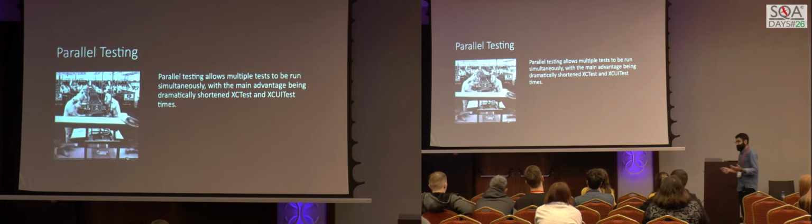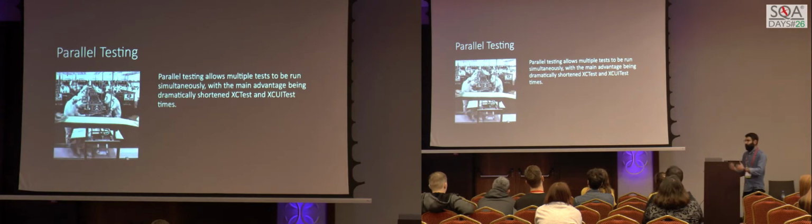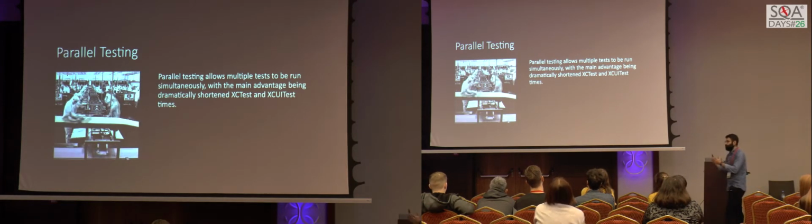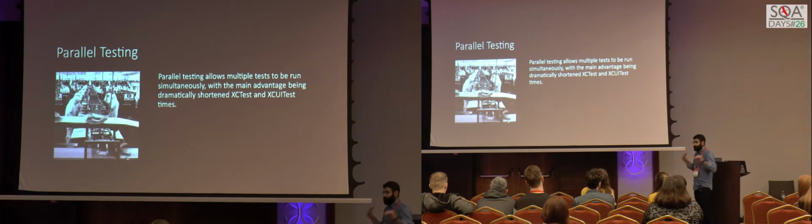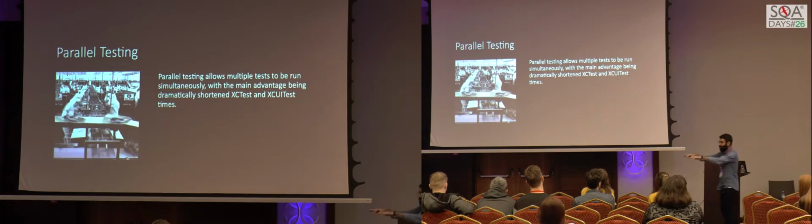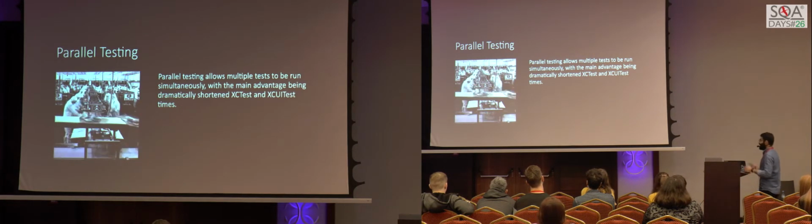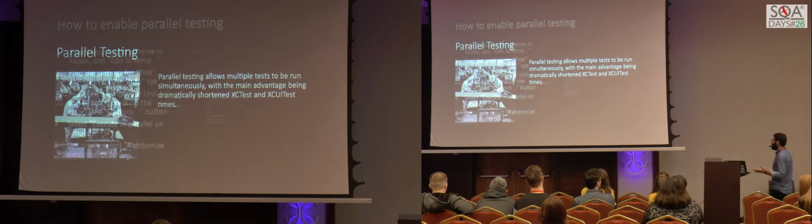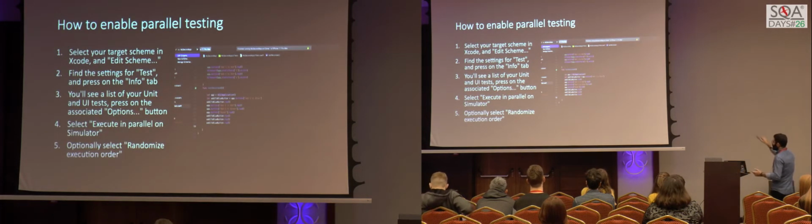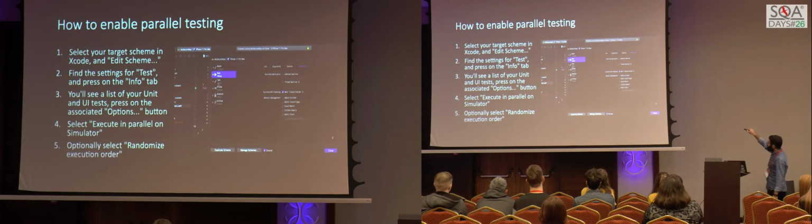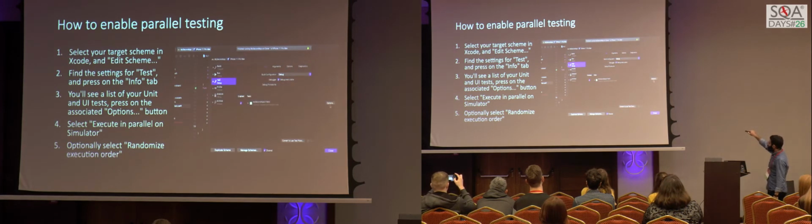Parallel testing is, as the name says, how to run tests at the same time, but on different devices. So parallelize, actually. And Xcode allows you to do this. It's very easy. You just have to click on the target here, go to test options, and execute in parallel on simulator.